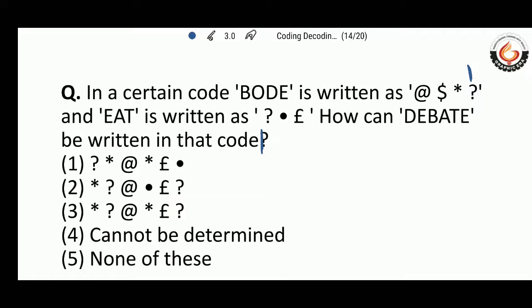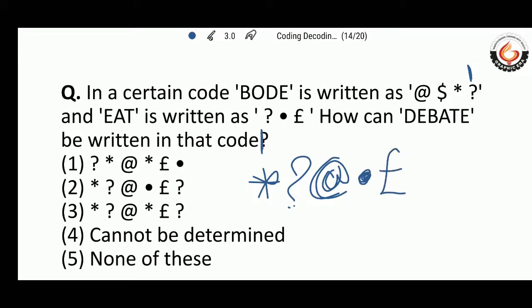Yes, we have it. So DEBATE can be written as, starting will be star, E is written as question mark, B is written as alpha, A is written as dot, then T is pound, and E is written as again question mark.